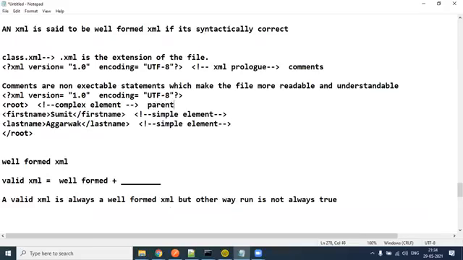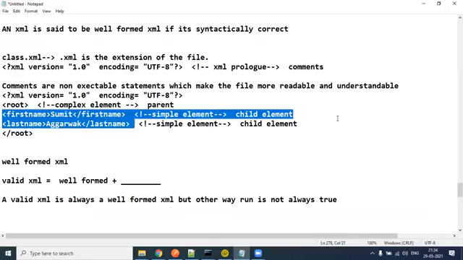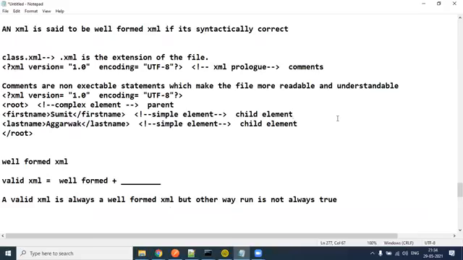So this is a child element, and this is also a child element. Child to whom? Root. And what is the relation between the first name and last name? These are like siblings to each other, so these are also called sibling elements.